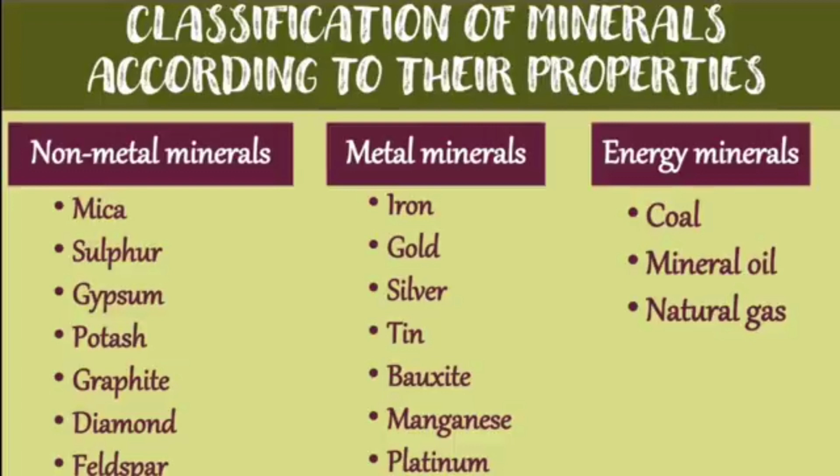The minerals from which energy can be generated are classified in this part. They are coal, mineral oil and lastly natural gases. This is only a short reference page for you all, but there are more minerals that can be classified according to their properties.